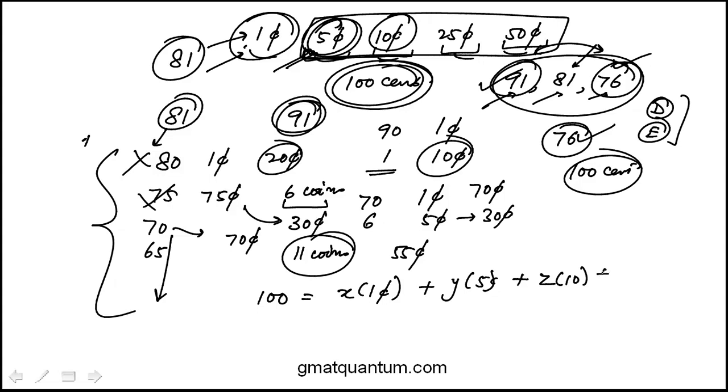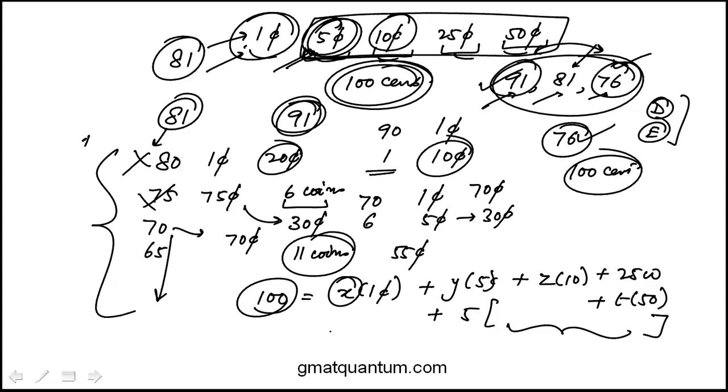Z, W, X, Y, Z, W, let's say T. Then you'll see that I can factor a 5 here. So this is a multiple of 5. That means, and I have a multiple of 100 here. Since all of these are integer quantities, x also has to be a multiple of 5. So that was the key insight.